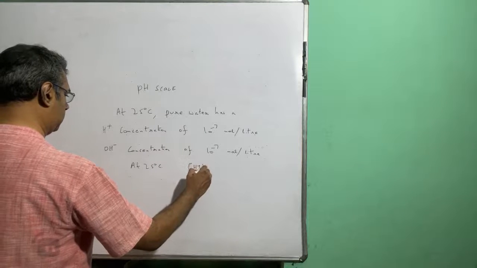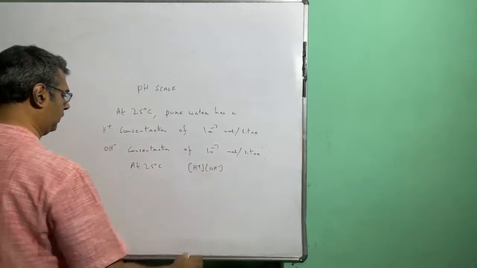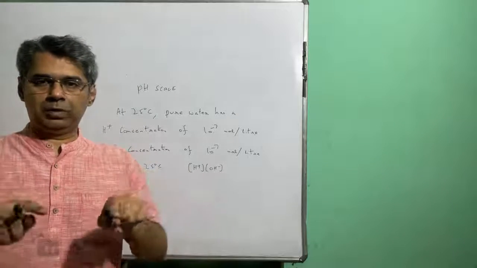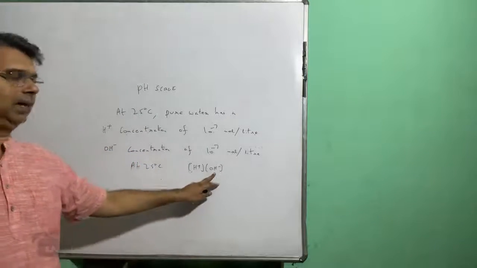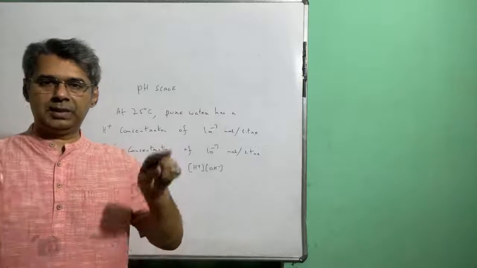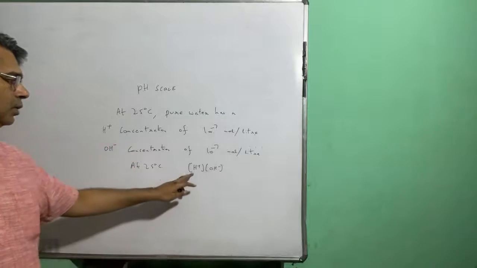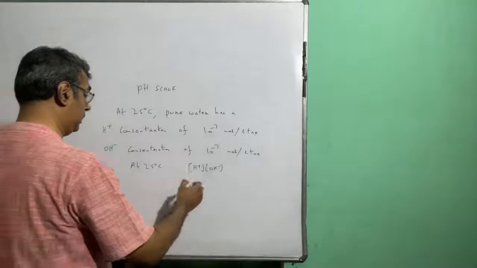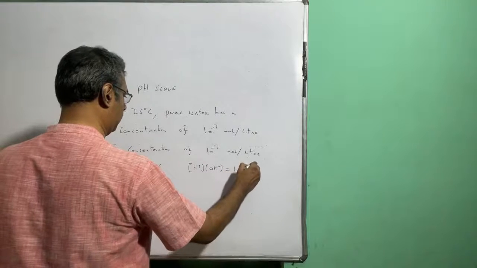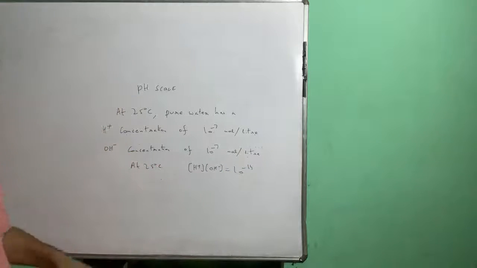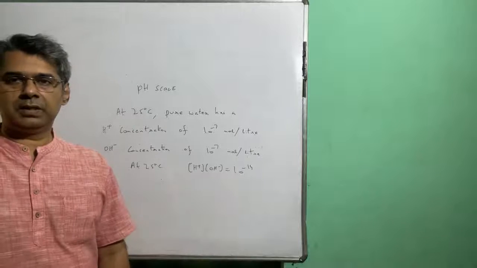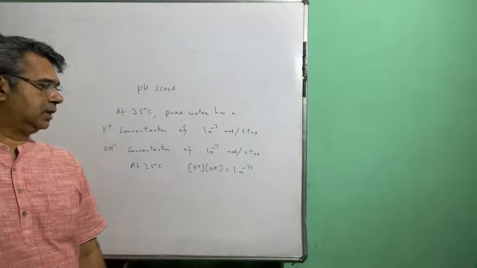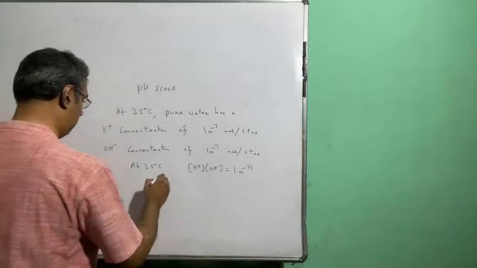The product of the hydrogen concentration, written as H plus in square brackets, and the hydroxyl concentration, written as OH minus in square brackets, at 25 degrees Celsius is 10 to the power minus 14.